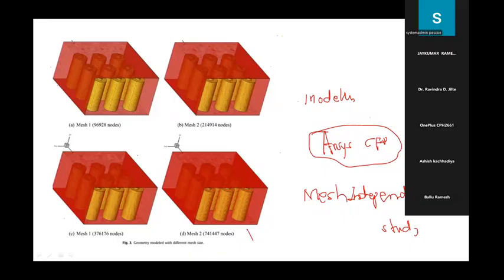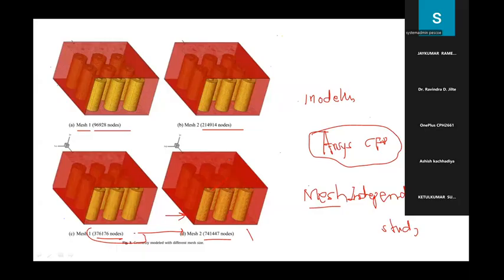Let us, for example, take the same 9 batteries, and take the mesh where 96,000 cells are available, or a second one where I increase to 2 lakh, 3 lakh, or 7 lakhs. I found that if I increase from 96,000 to 3 lakh, and from 3 lakh to double, like 7 lakh, the solution, that is the temperature developed in each battery or inside this battery pack, remains independent of the grids.